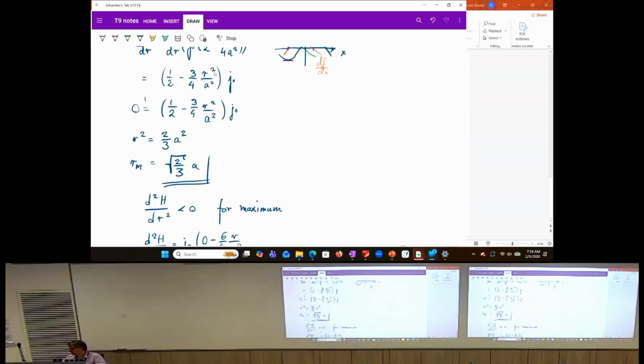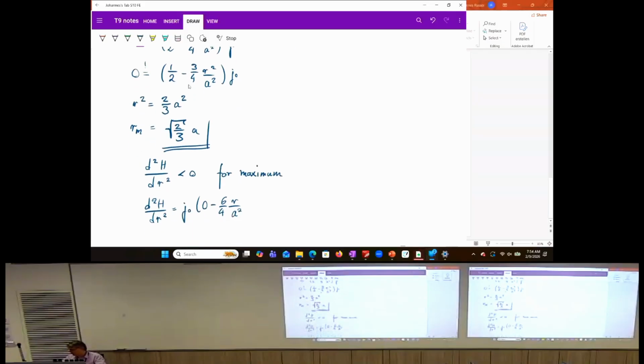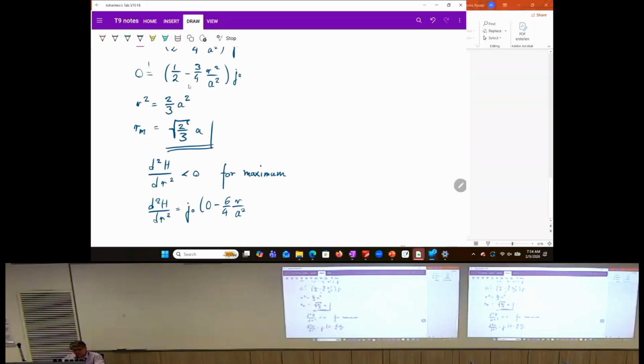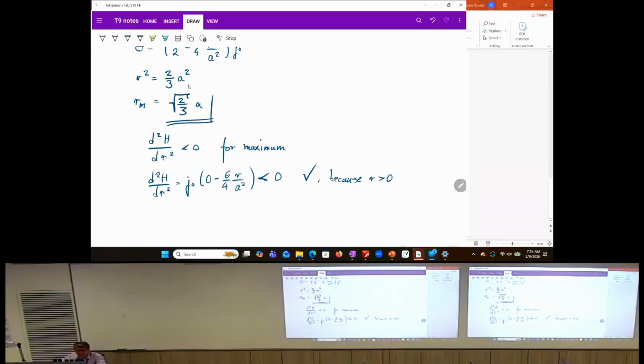Here the derivative of r squared is 2 times r, so 2 times 3/4 is 6/4 r over a squared. Well, you see, that will be always negative, with the minus sign in front. That's fine, because r will also be some value which is larger than 0. Okay, so we have found the distance from the cylindrical axis where we obtain the maximum value.